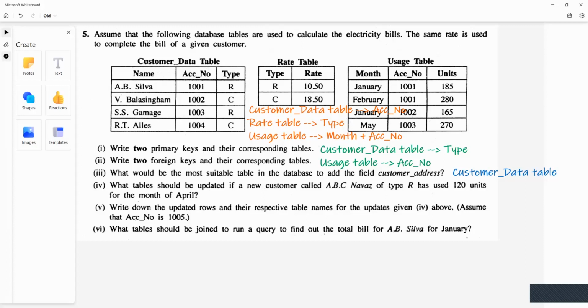And then, is that only the usage table? And customer data table. So the question asks what tables should be updated. So one thing, customer data table.